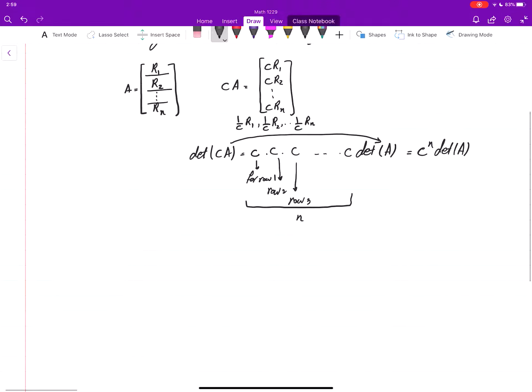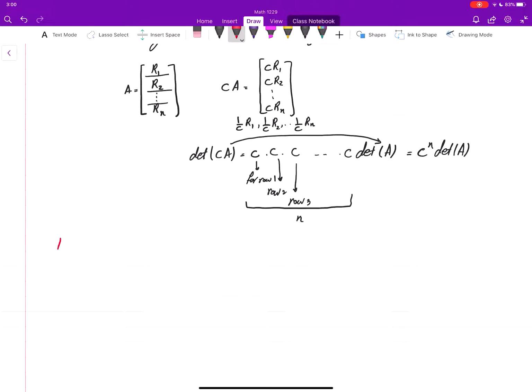So this is a fact now, a theorem, I just proved it for you. Let A be an n by n matrix, then the determinant of CA is not just C times the determinant of A. This is C to the power n.